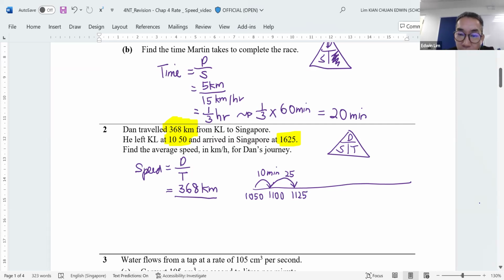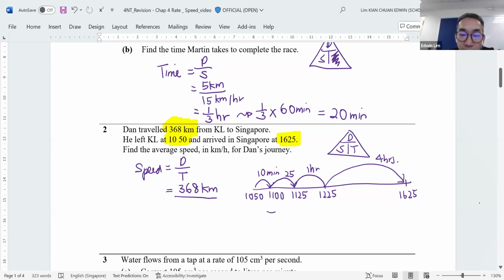To make it less confusing, I add one more hour to it, 12:25. And lastly, I will go all the way to the end, 16:25. I will plus another how many hours? 4 hours.